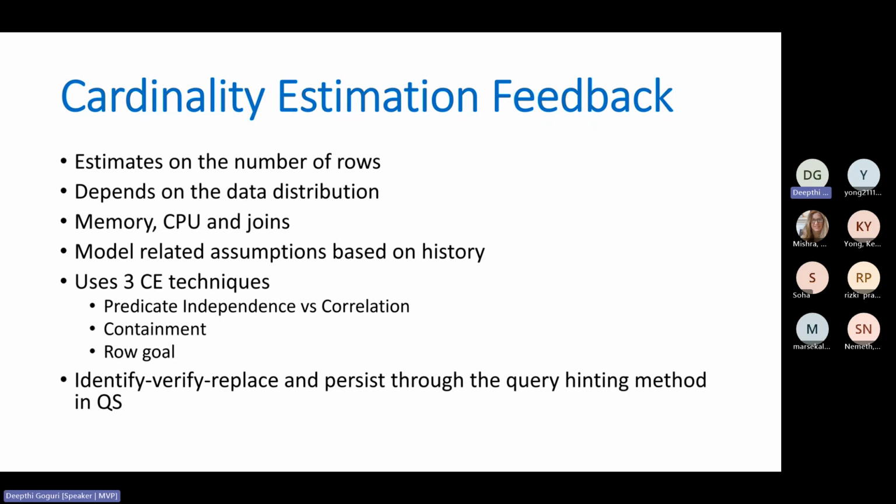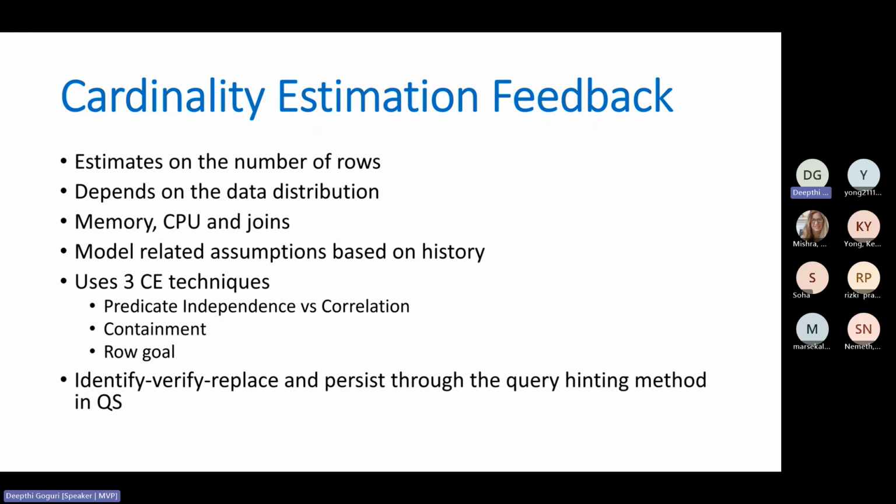It will also use the row goal, like how many rows it can get. So those are the three techniques. I'm not going into too much detail on these three techniques, but it will use them to do the cardinality estimation feedback. Again, that data is being captured inside the query store.